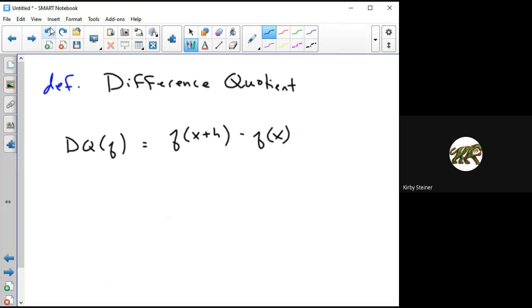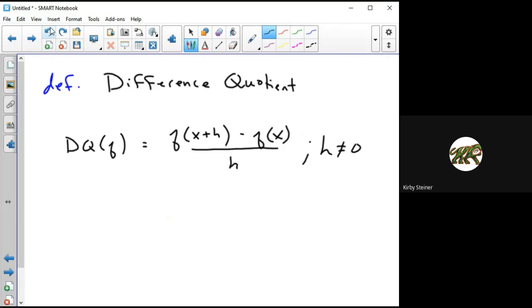We can drop the subscript 1 because there's only one x now. One thing we can see here is that h is not equal to 0. And so this is called the difference quotient.